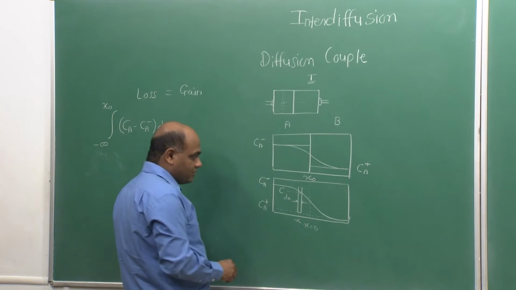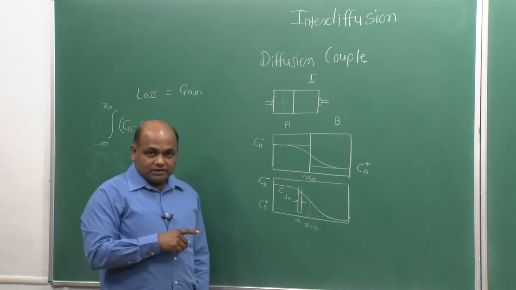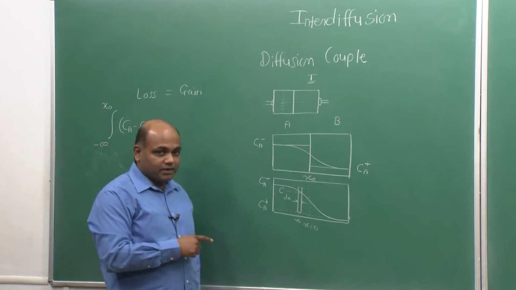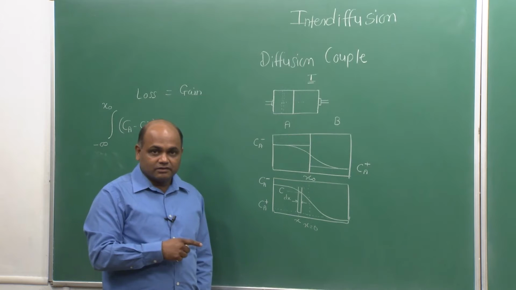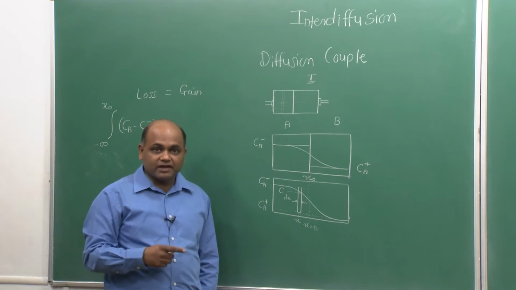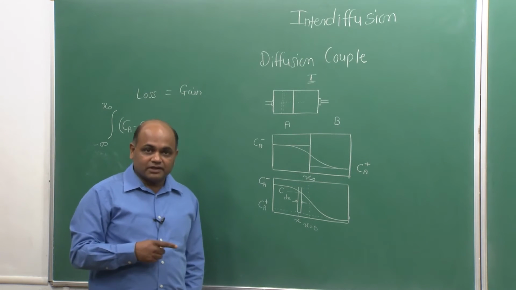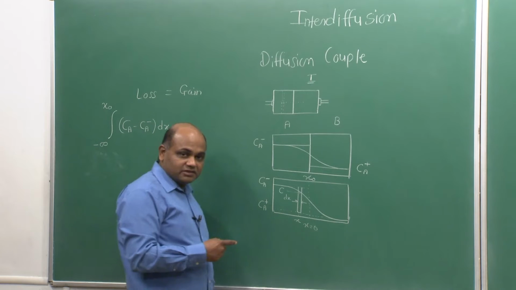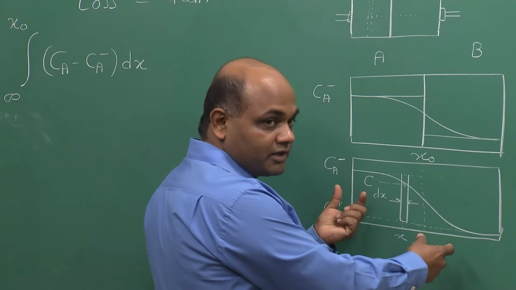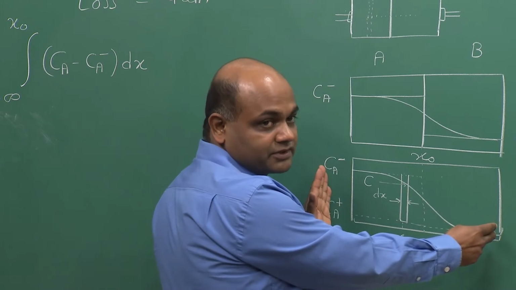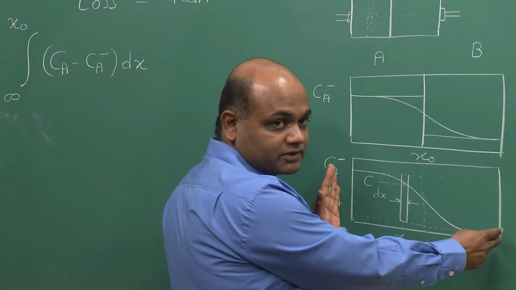Now, remember, when we talk about diffusion couple, most of the time we are dealing with the infinite diffusion couple. For interdiffusion analysis, in fact, we want infinite boundary conditions to be obeyed, which means none of the diffusant will penetrate all the way through the two terminals of the two alloy blocks.